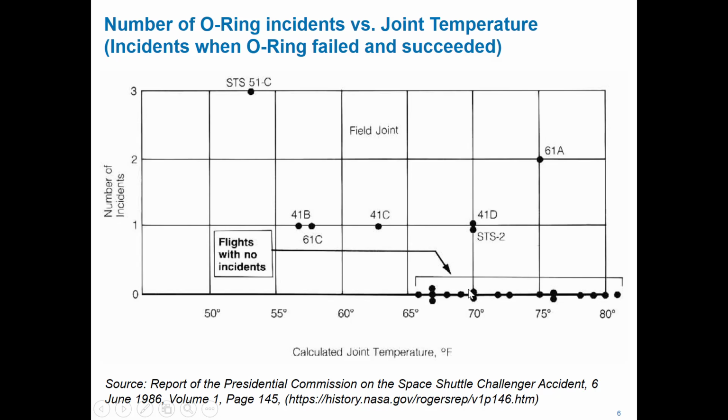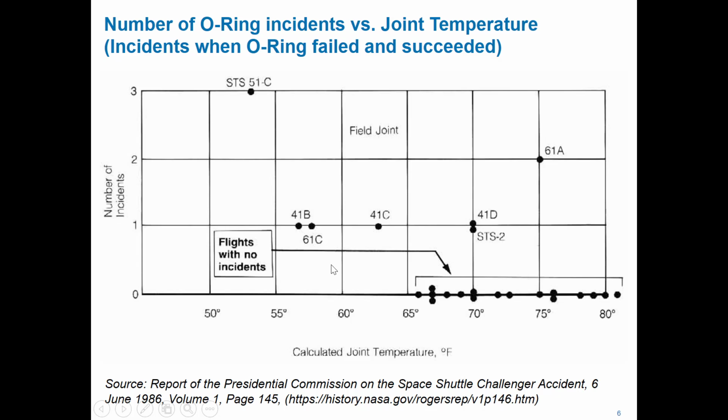So you can find the pattern. Below 65, 4 out of 4 had failures. But above 65, out of 20 flights, only 3 had failures, like 15% versus 100%.